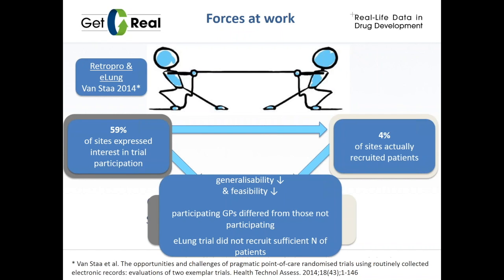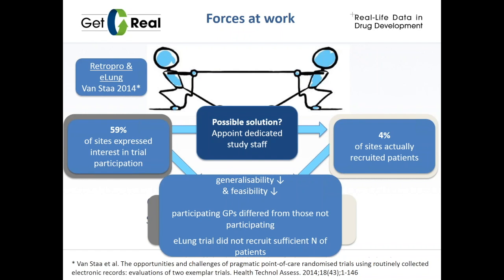So this had a massive reduction in the generalizability of the data and the feasibility of the trial, because the participating general practitioners differed from those not participating. The ELANG trial did not recruit sufficient numbers of patients to actually be evaluated. So these are very nice case studies to look at the difficulties of setting up a pragmatic trial as part of usual care.